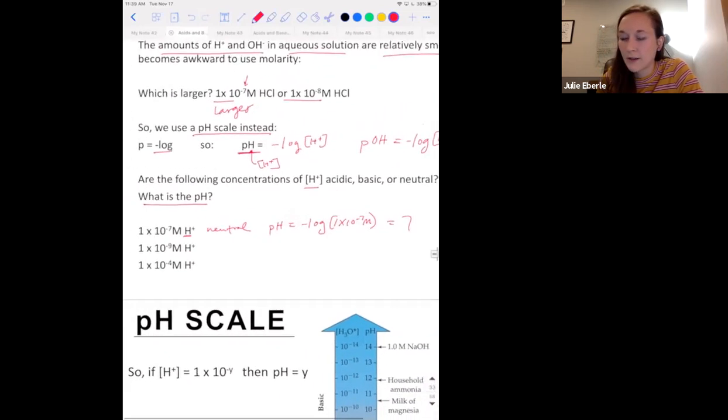Okay, everybody take a minute and do the next 2. Ask yourself, is this acidic, basic, or neutral? And then calculate the pH.